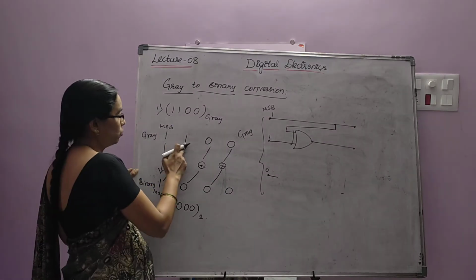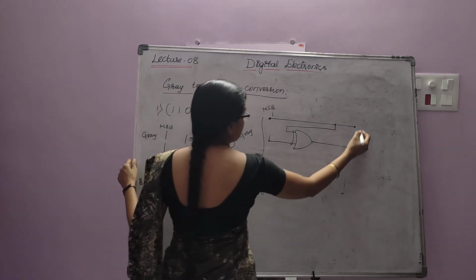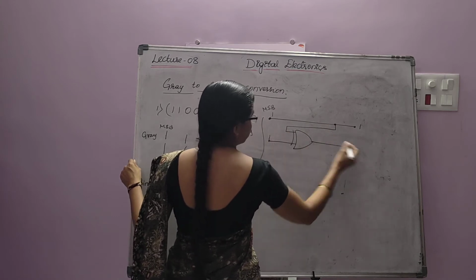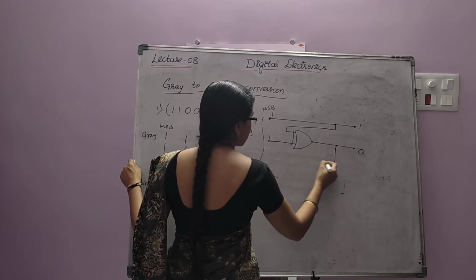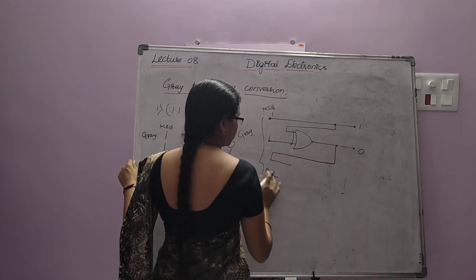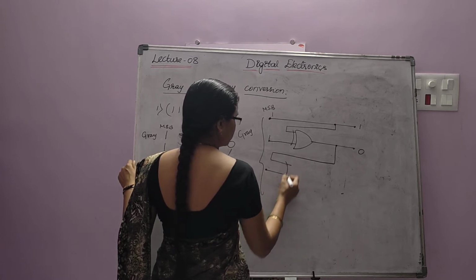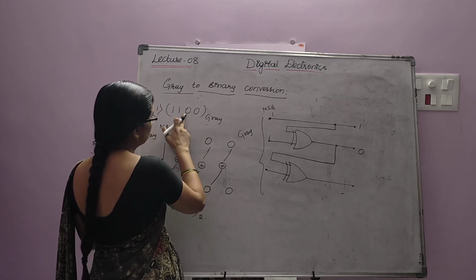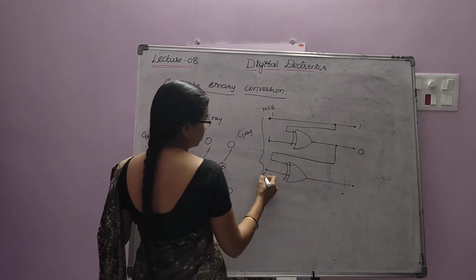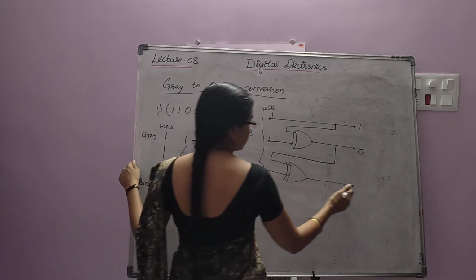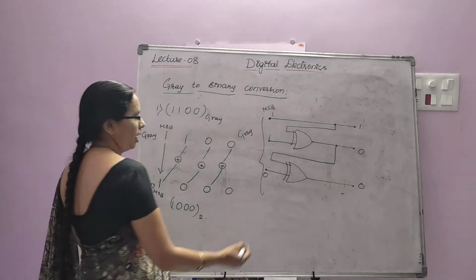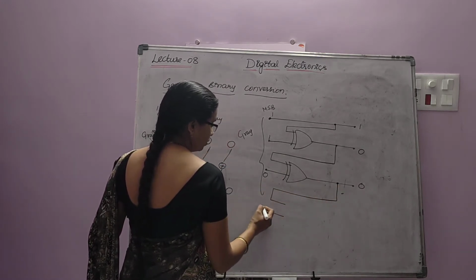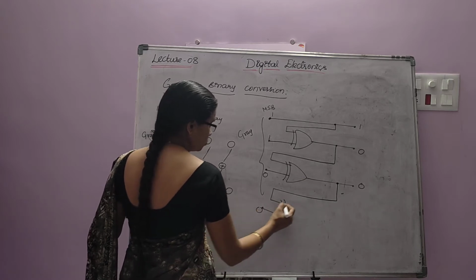The next bit is also 1, and the result is 1. 1 is XORed with 1, that is 0, and this 0 is XORed with the 0 of the next bit, that is 0, and that answer bit 0 is XORed with the next bit, that is also 0.